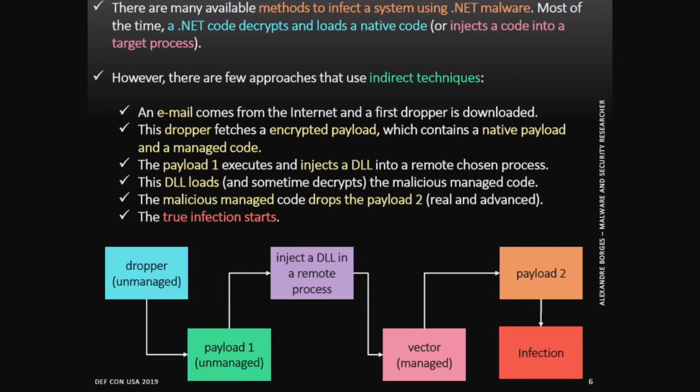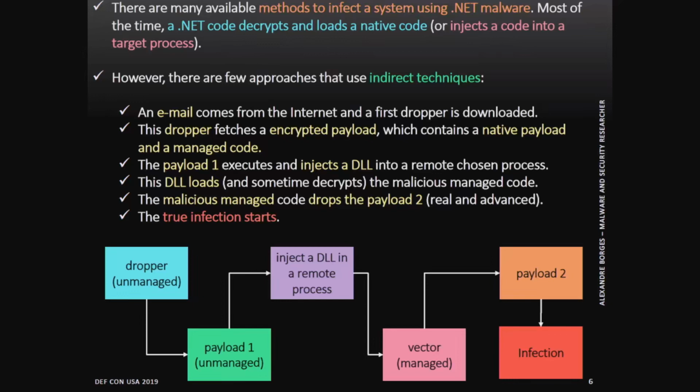This first piece, in native code, is injected into another process, a remote process. Once this code is injected, it loads the first managed code, the decrypt and load.